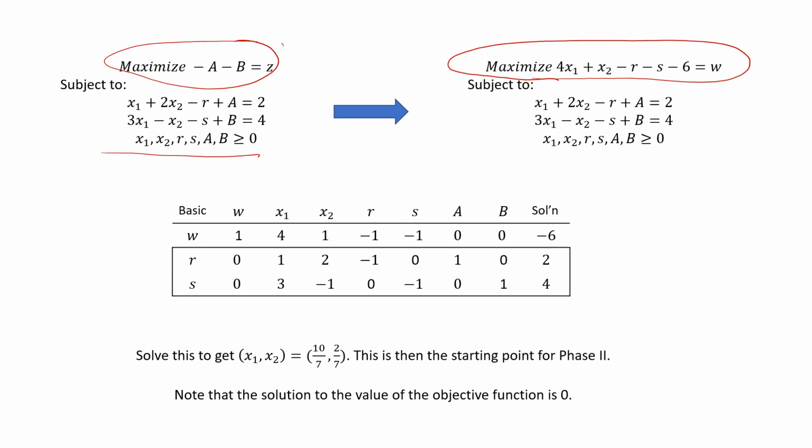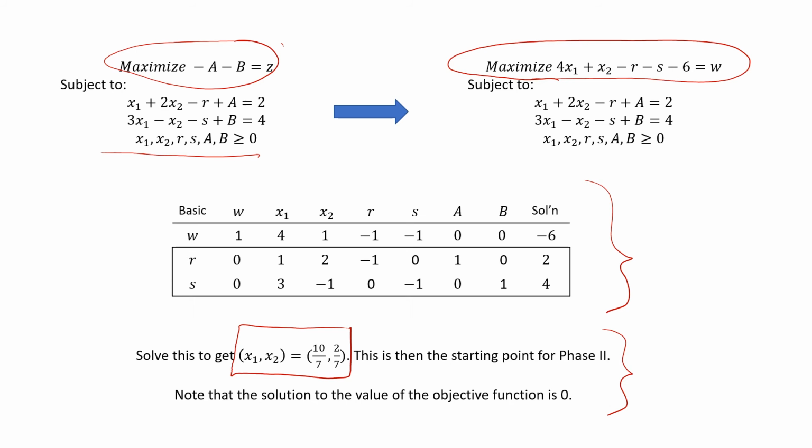So now we've rewritten our objective function to guarantee A and B are equal to 0, put it into the tableau, and solve. When you solve that, you are going to get a value for x1 and x2, assuming that it is feasible. In this case, if you solve this, it's a good idea to go through these steps, you are going to come out with the solution of x1, x2 equals 10 over 7 and 2 over 7.